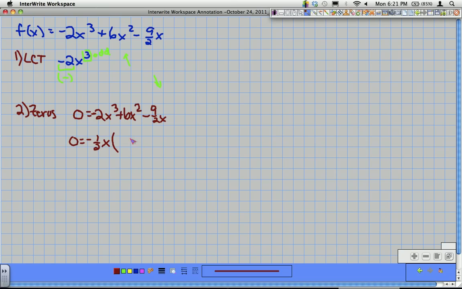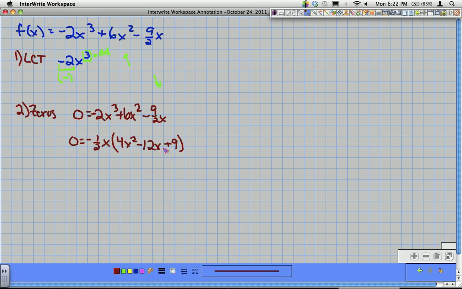So if I do this divided by this, I'm going to end up with 4x squared. This divided by this, I'm going to end up with negative 12x. And this divided by this, I'm going to end up with plus 9.